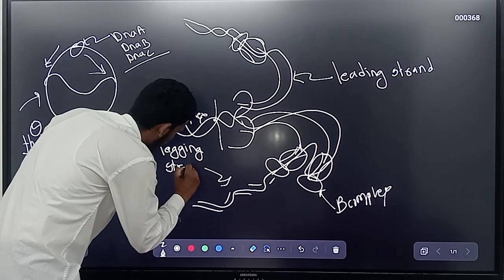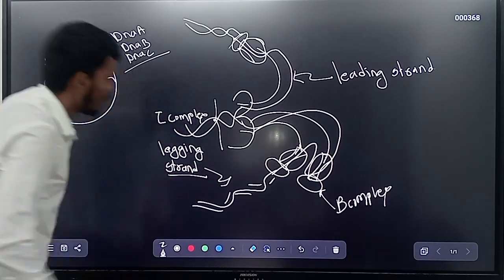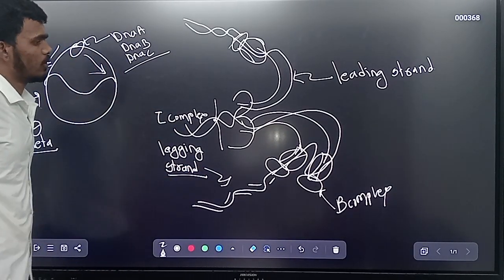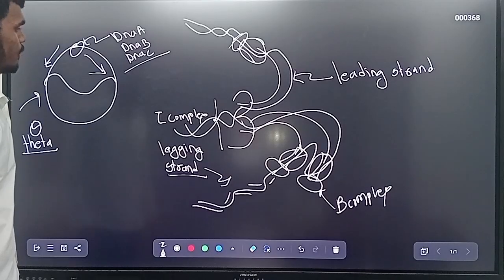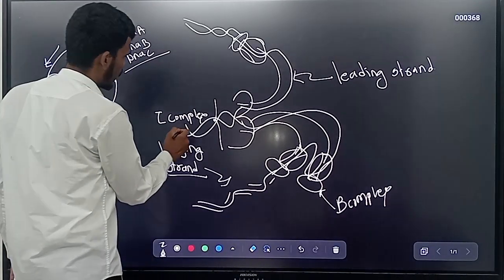And then the other strand will go through this pathway, through the two complexes of alpha, epsilon and delta.